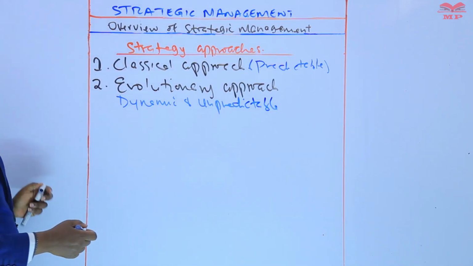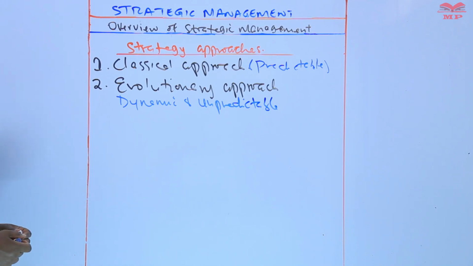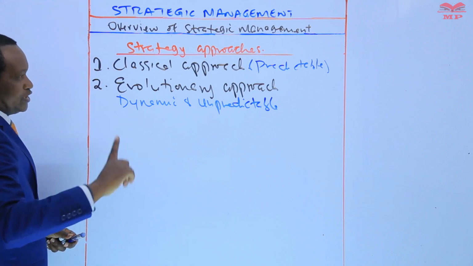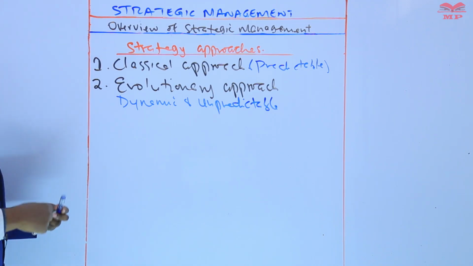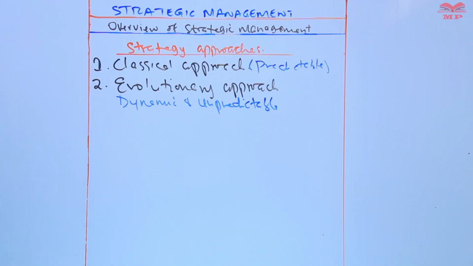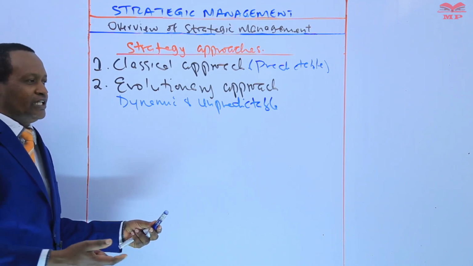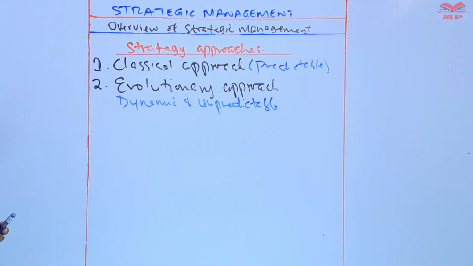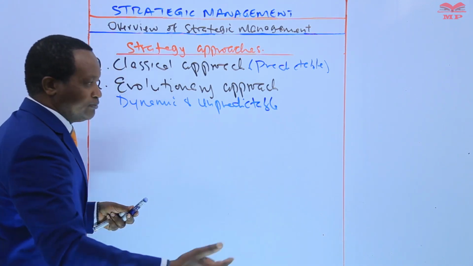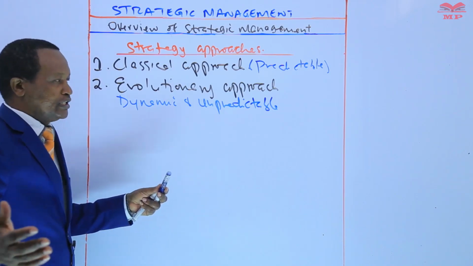So a company or an organization that operates in an environment that is highly unpredictable will take an evolutionary approach to strategy, because this strategy emphasizes flexibility and adaptability and learning from experience. You understand? It views strategy as an emergent process that evolves over time depending on changes in the environment.